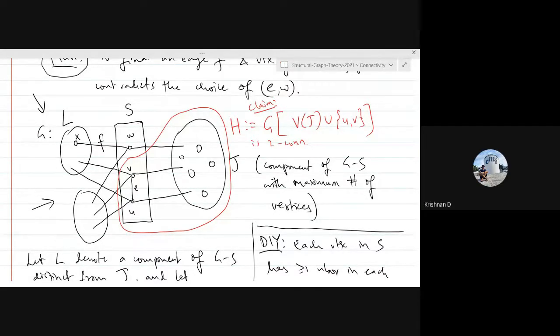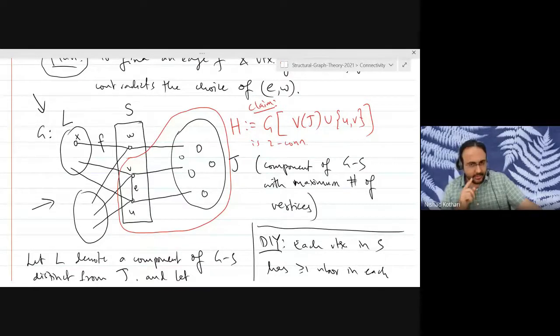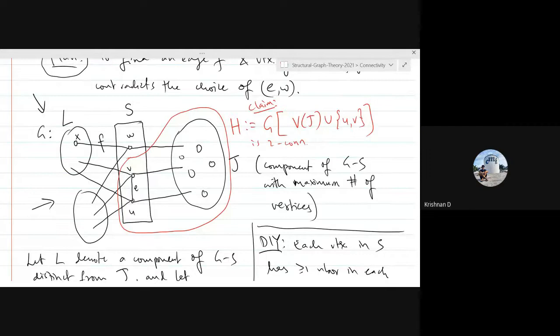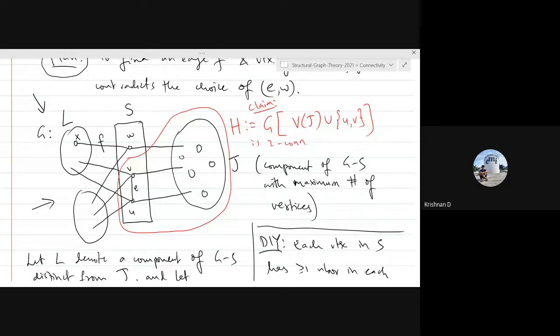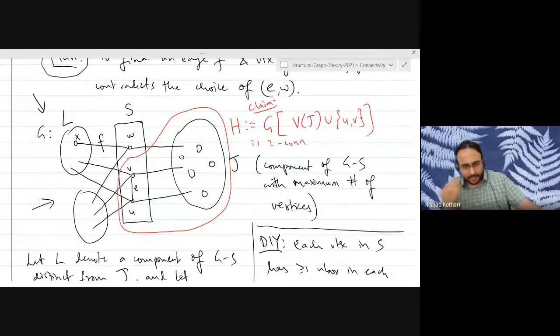In that case, the whole of J will be contained in the connected component of G minus T. Whole of J or whole of H? Sorry, the whole of H. Exactly. The whole of H will be a subgraph of some connected component of G minus T, because W and X are not in this red colored subgraph and Y is somewhere outside.